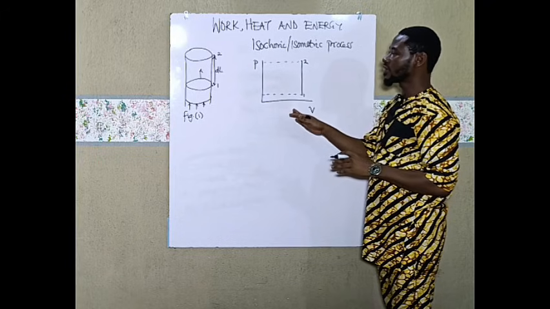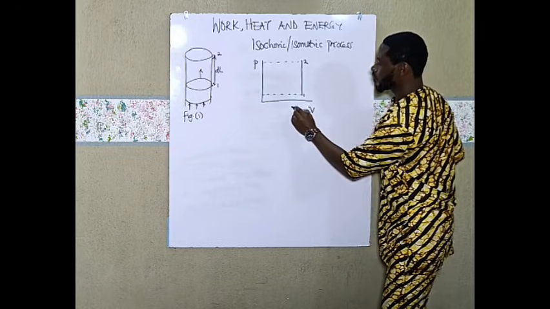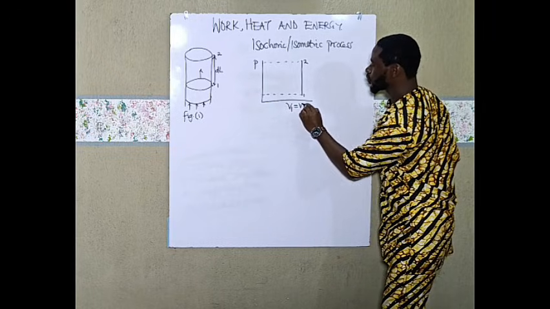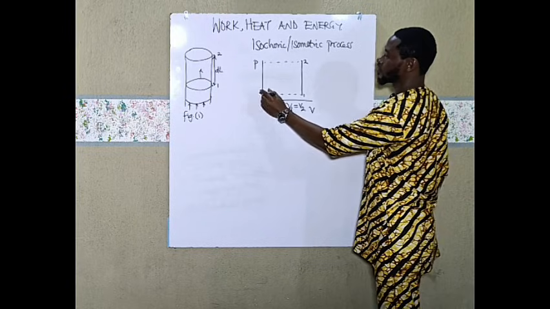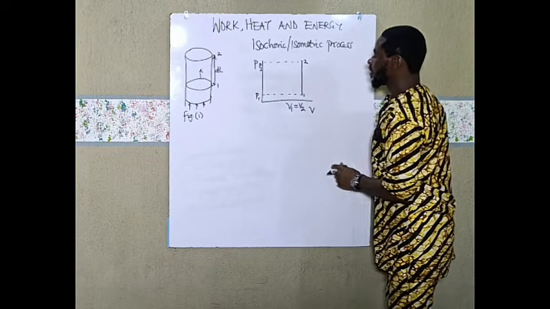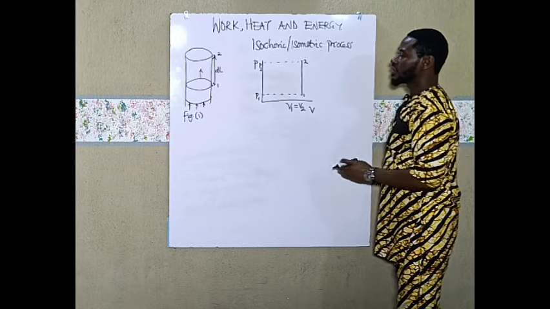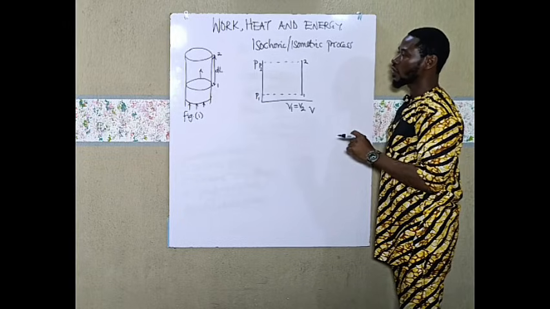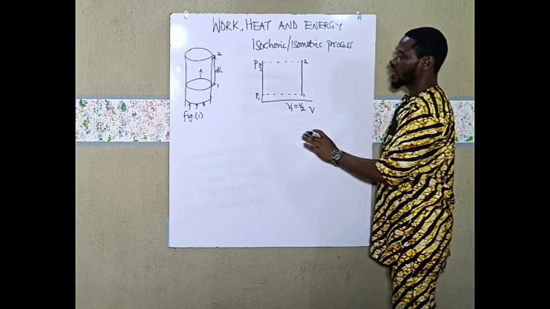So this PV diagram shows the isochoric process. Here, V1 equals V2, but the pressure changes from state 1 to state 2. This particular line is called the isochoric line, which is parallel to the pressure axis.